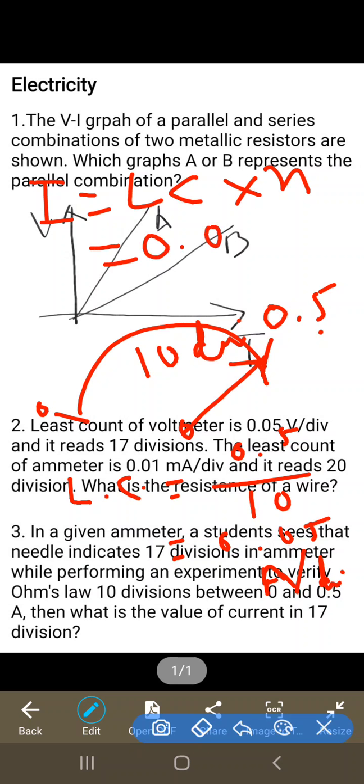So 0.05 multiplied by 17, and the answer will be 0.85 ampere. So for question number 3 the answer will be 0.85 ampere.